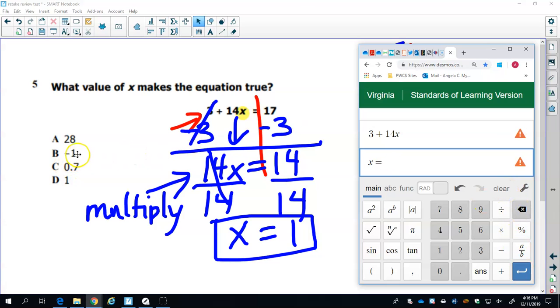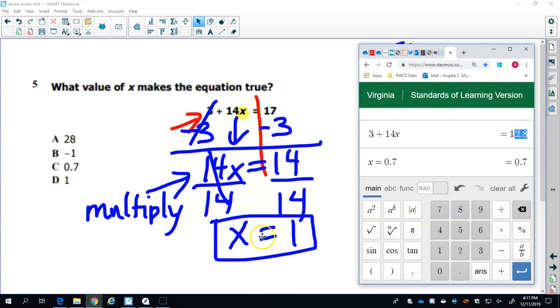So now I'm going to try negative 1. If I put negative 1 in here, you get negative 11. I'm trying to get 17. That's not right. Now I'm going to try 0.7. 0.7 gives me 12.8. 12.8 is not 17.